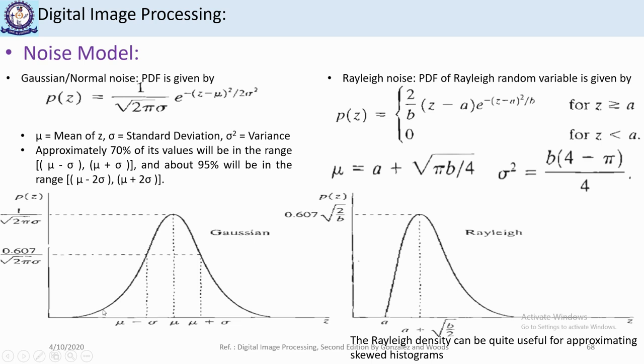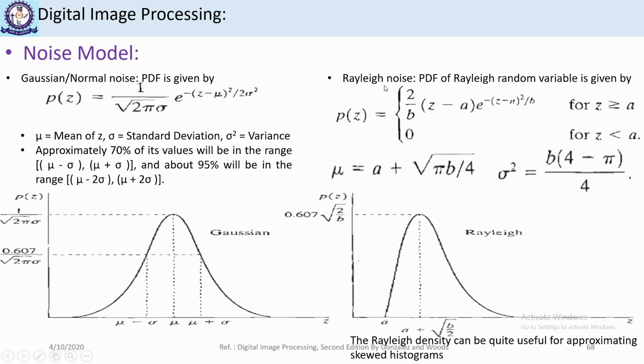So somewhere here it will be mu minus 2 sigma, and this is mu plus 2 sigma. In between these two we get 95% of its values. So this is the first noise, that is Gaussian noise.